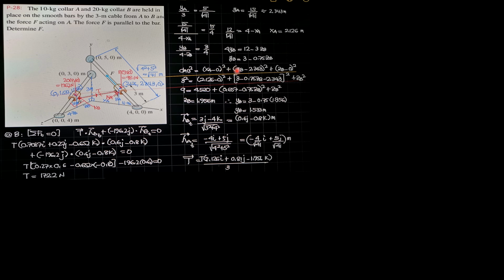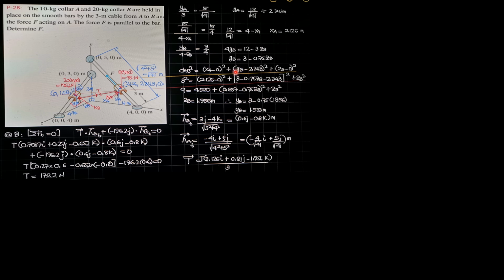Quantity squared, plus YB minus YA, quantity squared, and YA is 2.343, plus Z sub B minus ZA, which is 0, quantity squared.